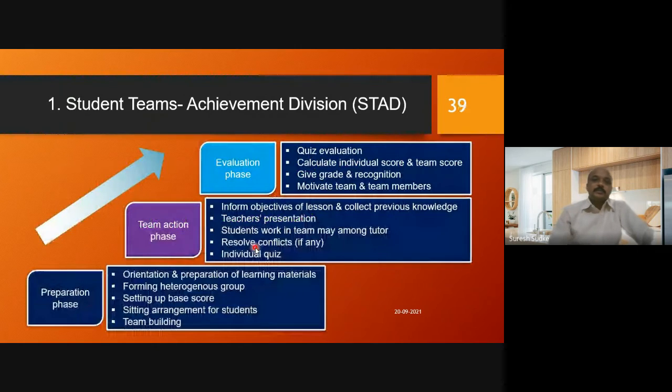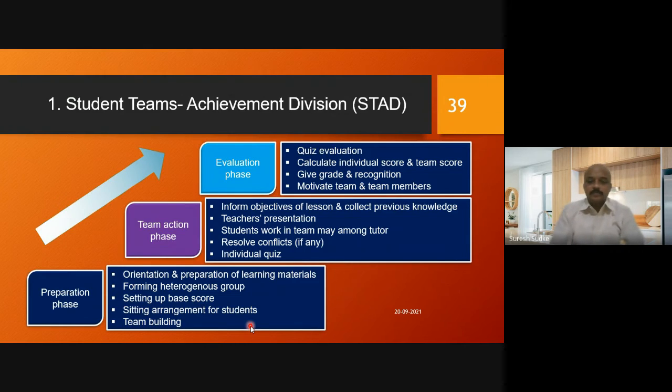Here there are mainly three steps. The first step is the preparation phase: orientation and preparation of the learning material. Then the teacher forms heterogeneous groups. Then they set a base score. Suppose 100 marks is the base score, and for every question they assign particular marks. Suppose each question has 5 marks.